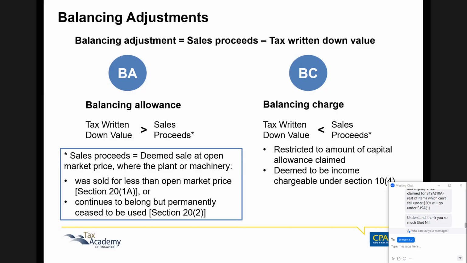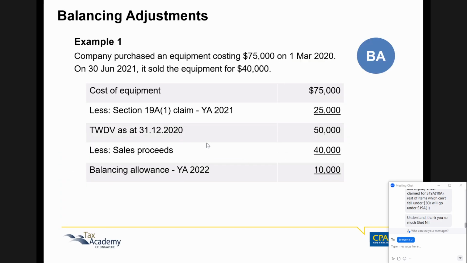So it will increase your taxable income. But that amount we deem as income, if applicable, we will restrict to the amount of capital allowance claimed. I think if we look at examples it's easier to understand.